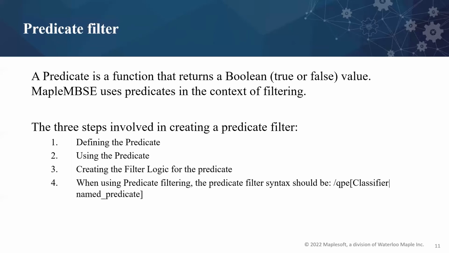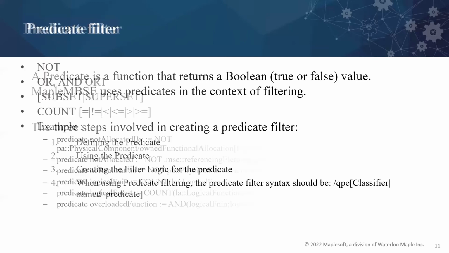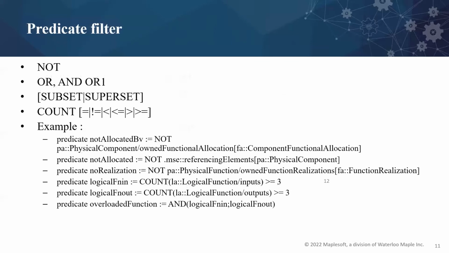Again, we will see in detail how we can use predicates to define certain rules, and how you can filter your whole model to get the information that is relevant to your verification or validation rules and so on. Some aspects of the predicate filter are that you can use not. For example, let's say you want to display requirements that have no relation to any of the physical components.